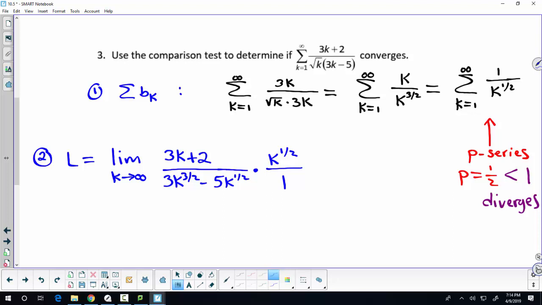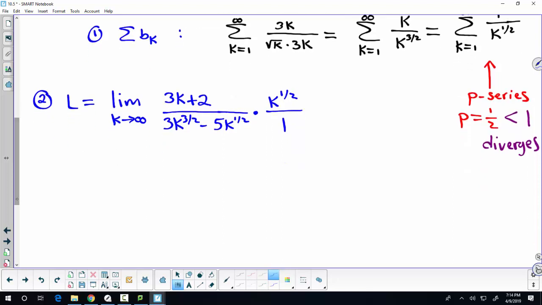No, because this is k to the 1/2 times all of this stuff up top. So let's just, that's 3k to the 3/2.